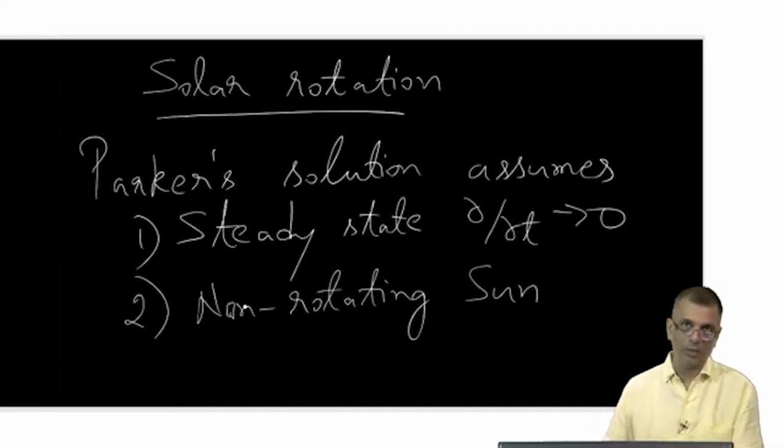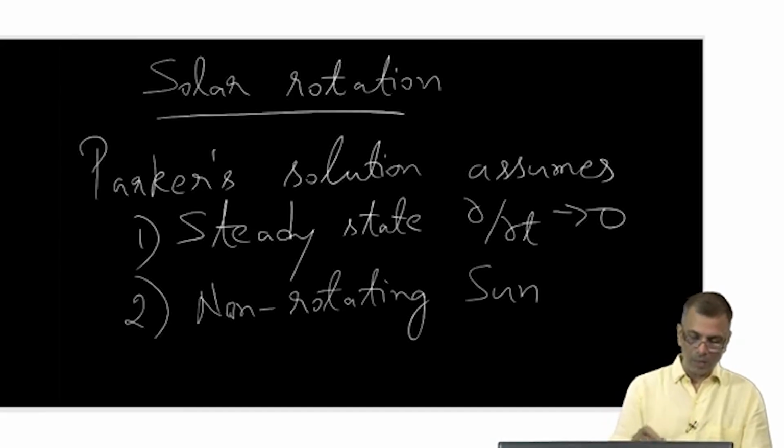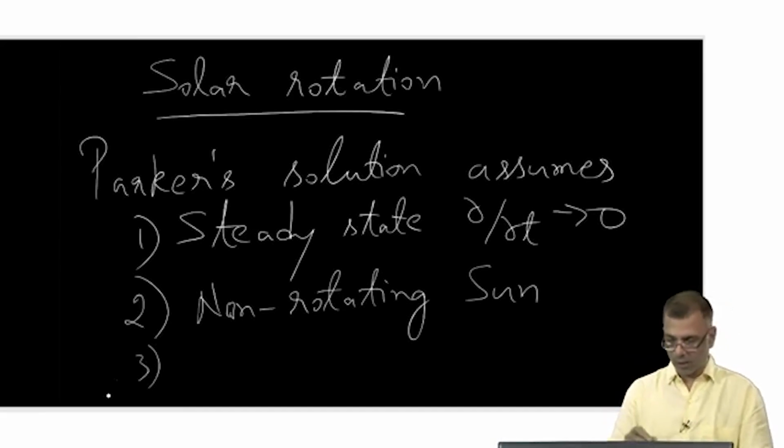It is well observed that the sun is not stationary, and it is actually rotating. This is well known. So, how would it possibly modify this whole thing?